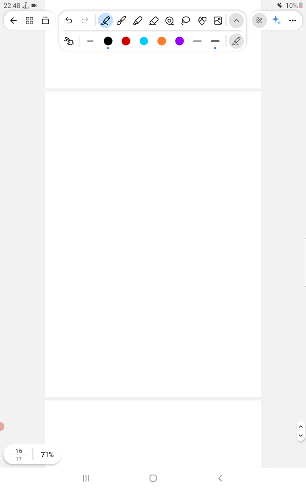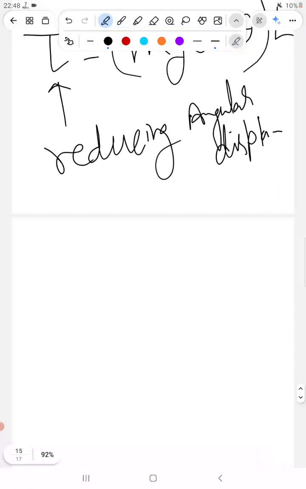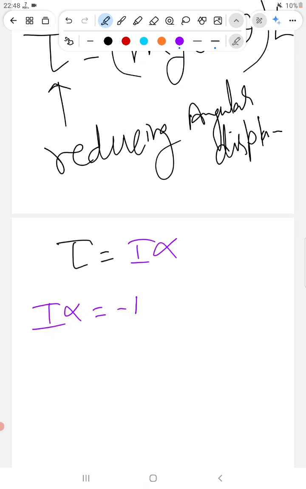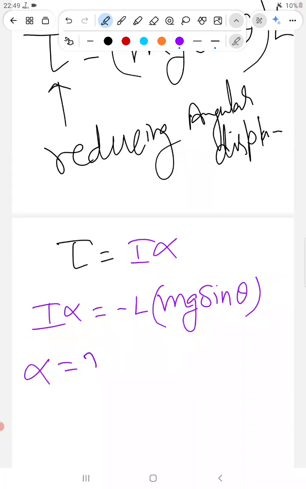So we know tau equals I alpha. Equating these two, I alpha comes out to be minus L mg sin theta, and alpha comes out to be mgL upon I into sin theta, with a minus sign.